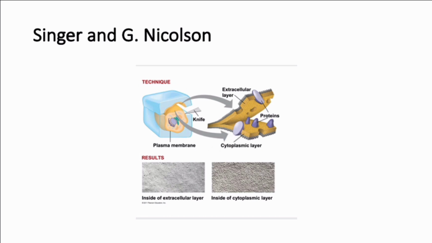This was done in 1935 by Hugh Davson and his partner James Danielli. They proposed this sandwich model, in which the phospholipid bilayer lies between two globular proteins. This is what they thought. So they thought we had proteins that acted as the buns of this phospholipid bilayer.